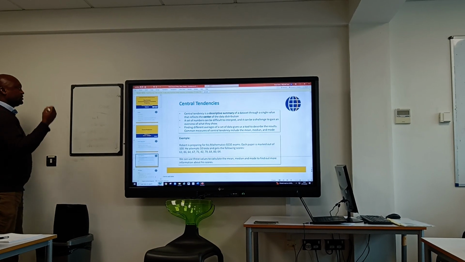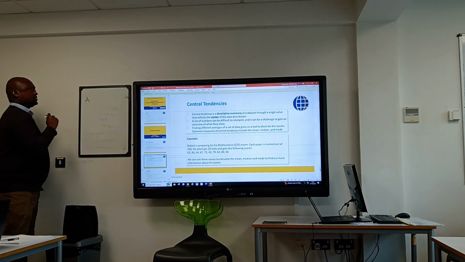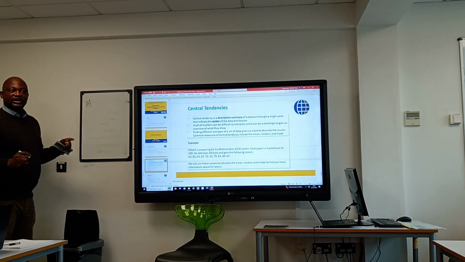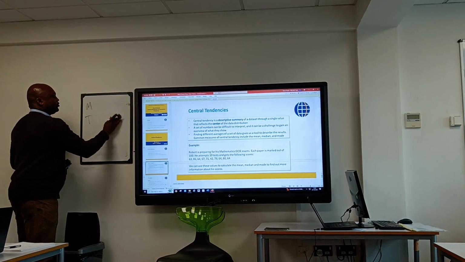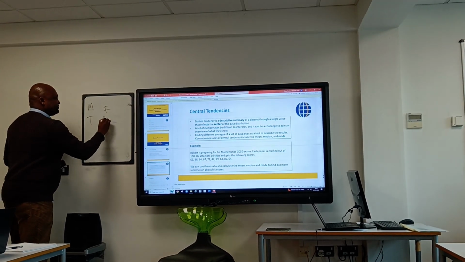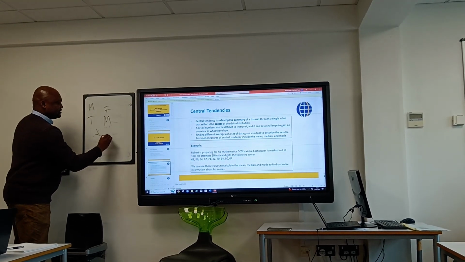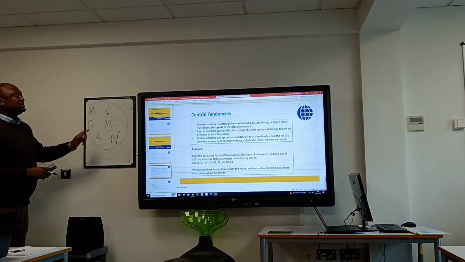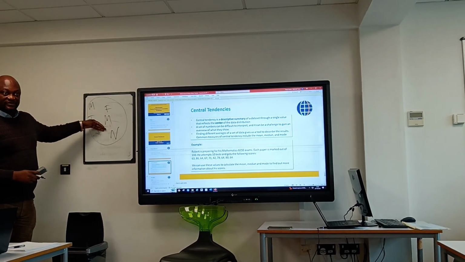We have Mercedes cars, represented by the letter M. Then we have Toyota by T, Ford by F, Mazda by M, Audi by A, and Nissan by N. When you put all these together, these are cars, and they are represented by these letters. Is that okay?